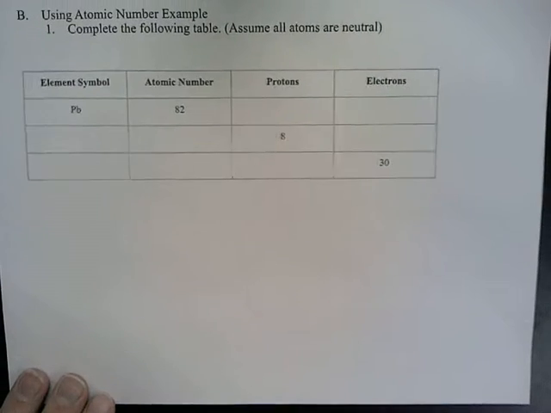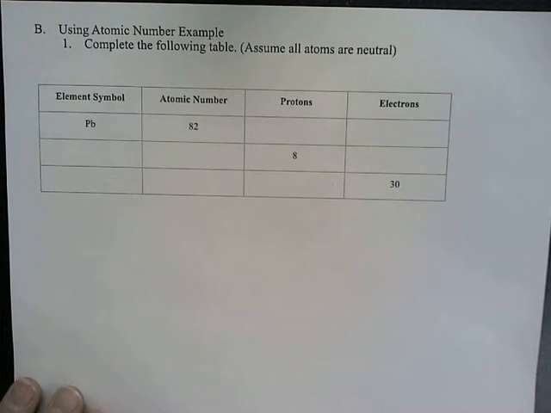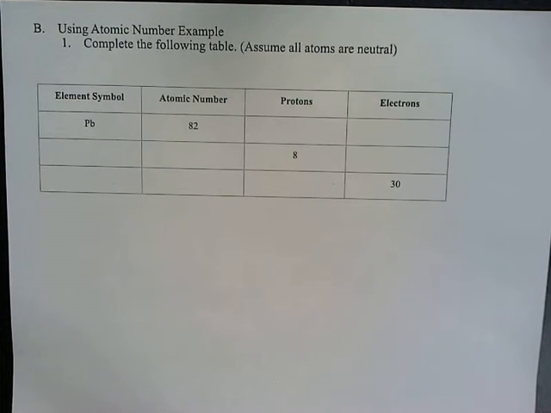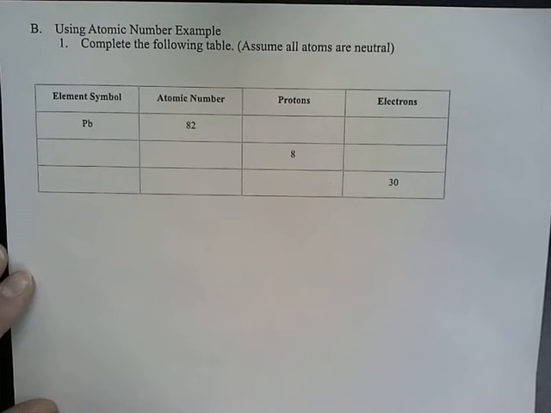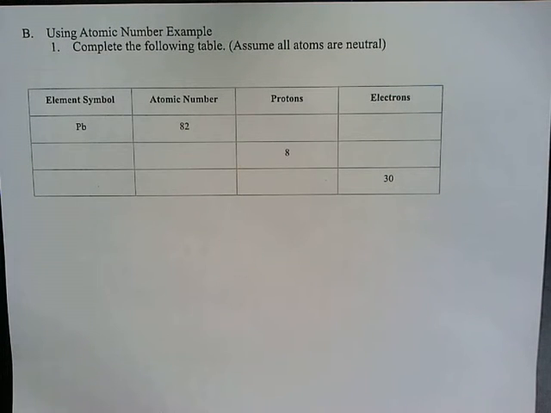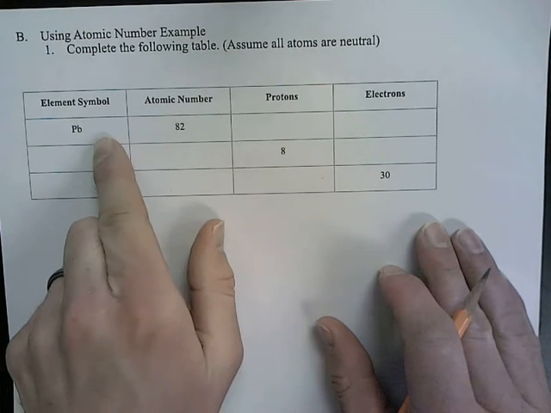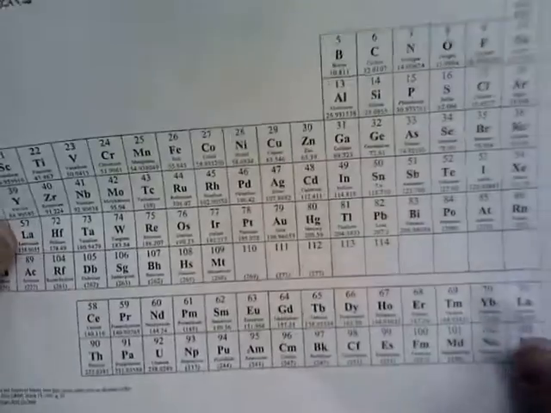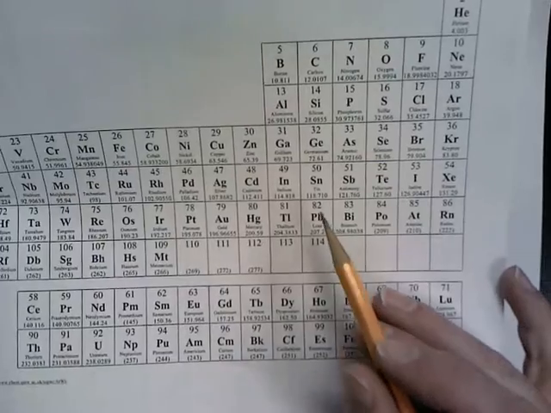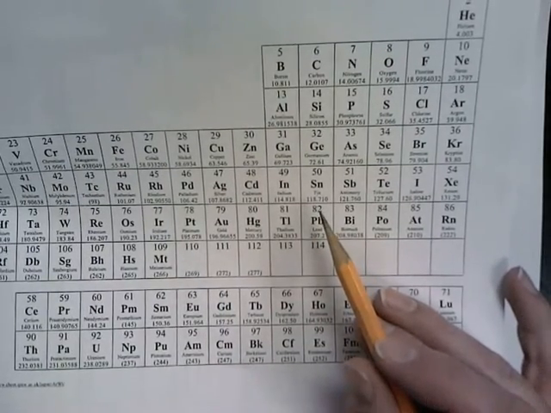So we start out here with this chart, and we have a couple of different things that we need to fill out. One is the element symbol, 2 is the atomic number, 3 is the protons, and lastly is the number of electrons. We start out with this top row, and we find that we have Pb here. We look for Pb on the periodic table, and we find that it is element number 82.